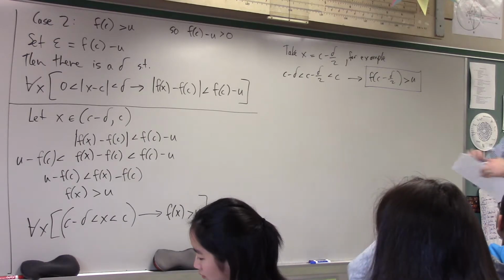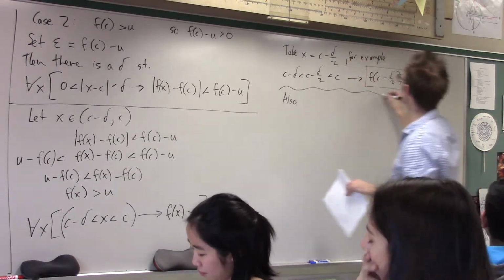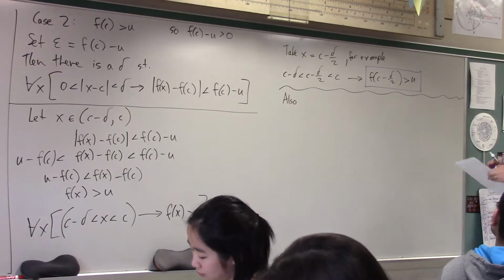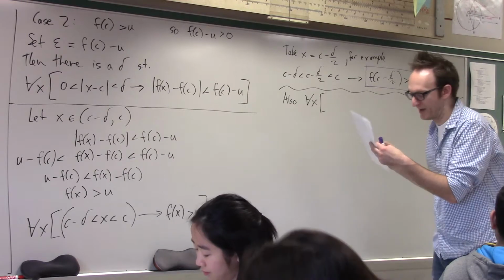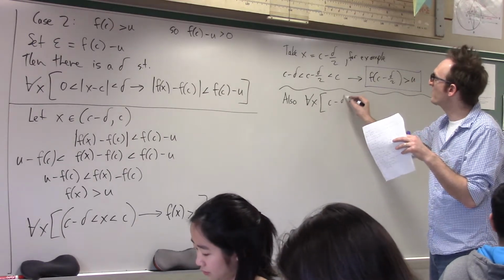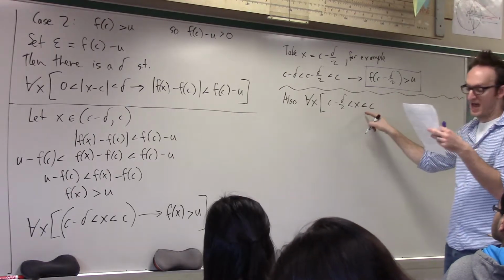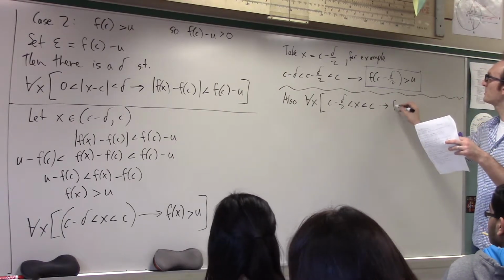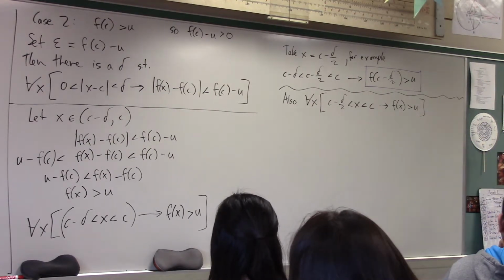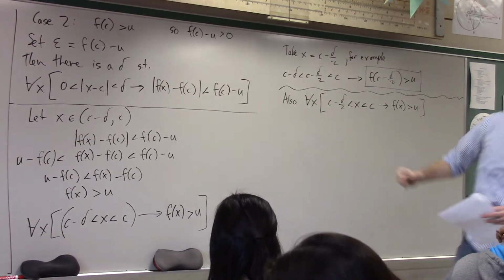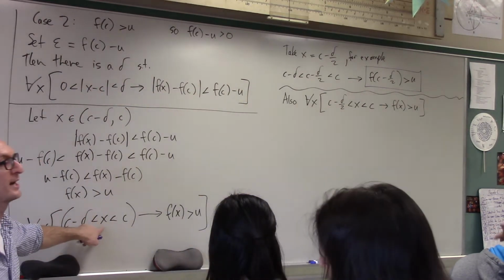Also, here's the subtle part. Any number between c minus delta over 2 and c is also bigger than u, because I'm just restricting the interval in this antecedent.